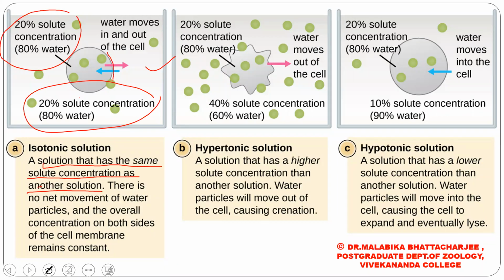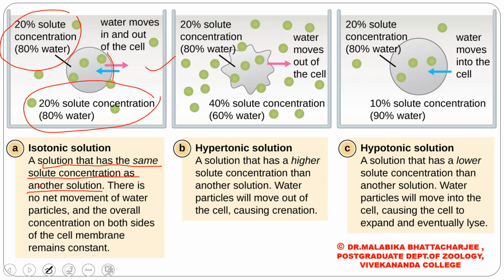On either side of the membrane, the concentration of the solute is constant. Inside the cell, it is 20%. Outside the cell, it is 20%. So that is equal. We are having equivalent solute concentration inside the cell and in the outer exterior solution.